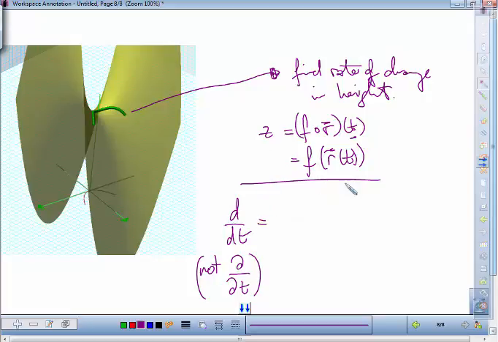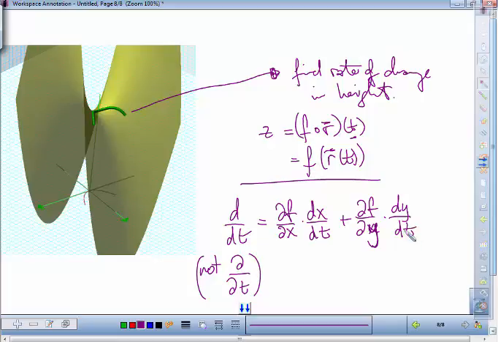And so let me tell you the solution for this. This is actually going to be equal to the partial of f with respect to x times the derivative of x with respect to t, plus the partial of f with respect to y times the derivative of y with respect to t.